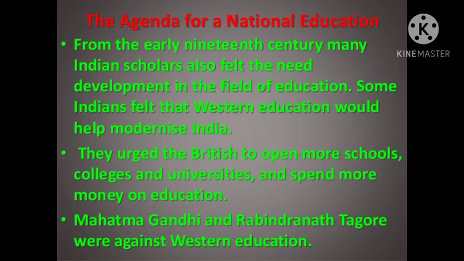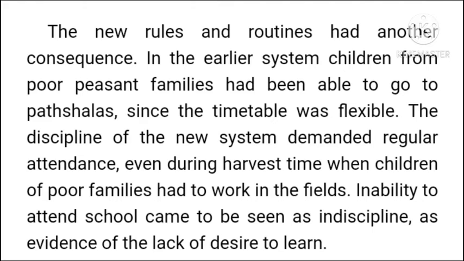Most schools and colleges were located in urban areas and the provisions for the education of girls were few. The stress on English also tended to create a gap between English educated Indians and non English educated Indians. The British also thought that English educated Indians would be supporters of the British rule.